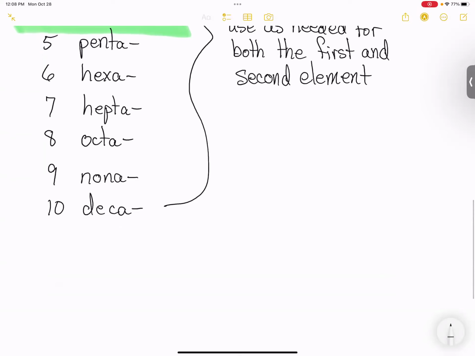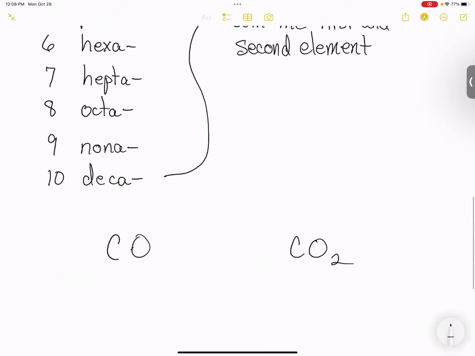So let me go back to my first 2 examples. The first element listed is carbon. So we say that it is carbon.